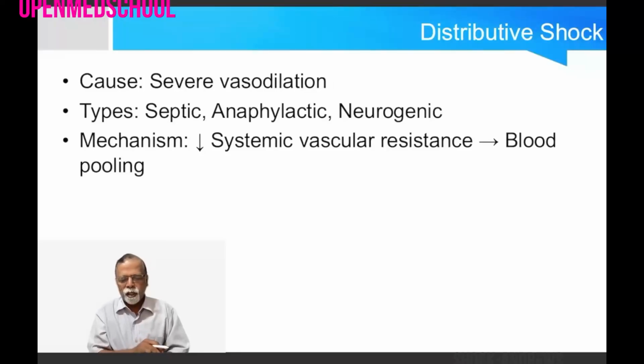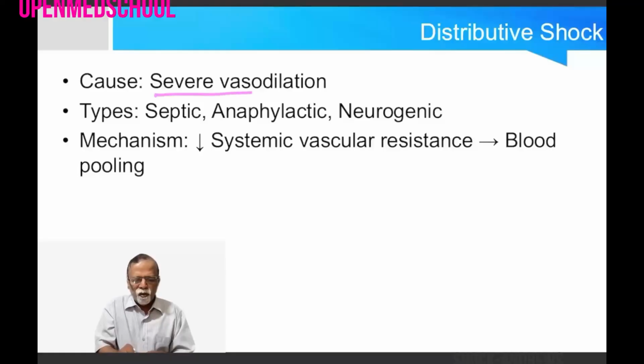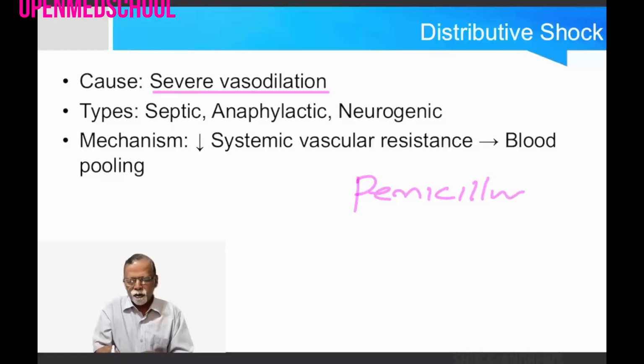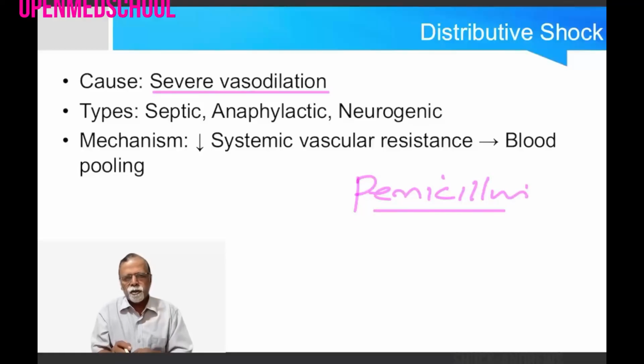The third important type is the distributive shock. So here what is happening is severe vasodilation. You might have heard of a patient being given penicillin and the patient falls to the ground, and this is what is called anaphylaxis. It leads on to hypotension and a decrease in tissue perfusion, called anaphylactic shock. Neurogenic shock is a common thing when somebody visits a surgery department or sees a surgery and collapses.